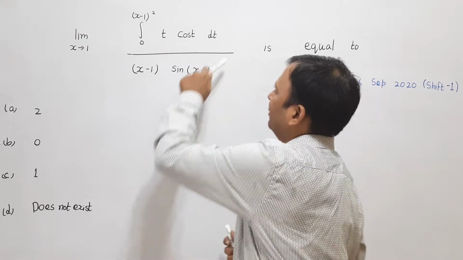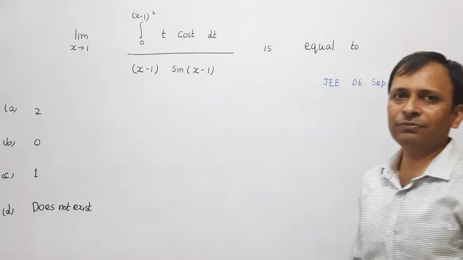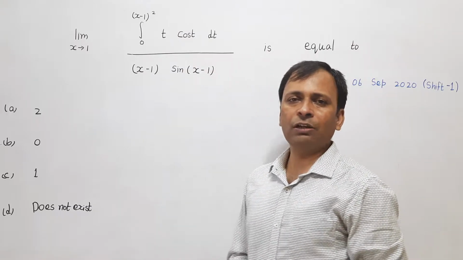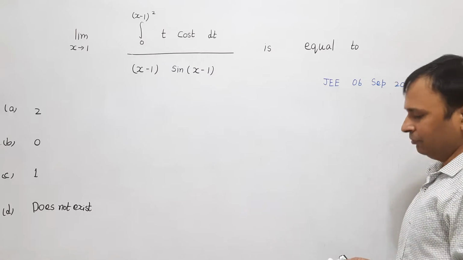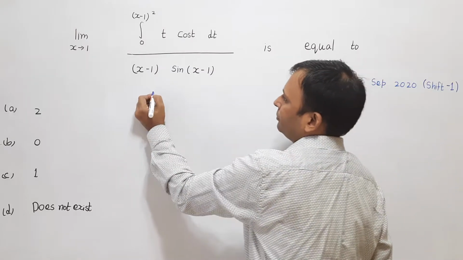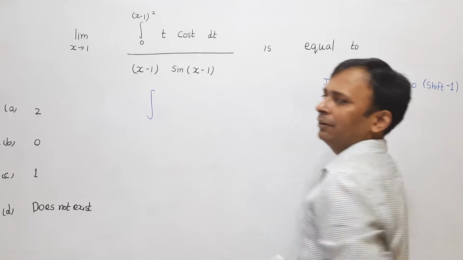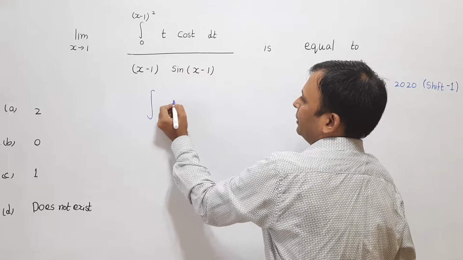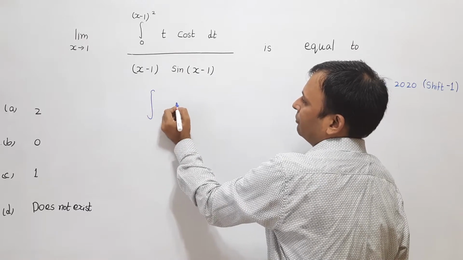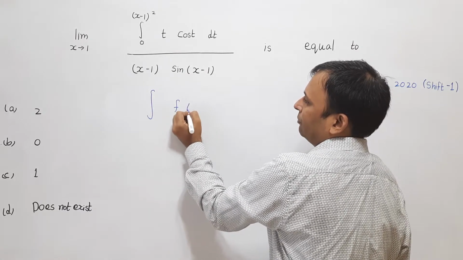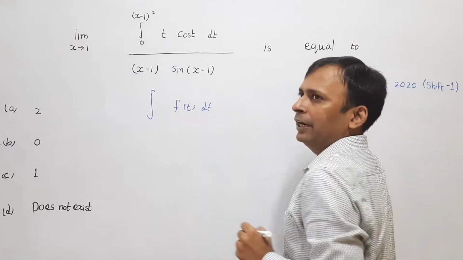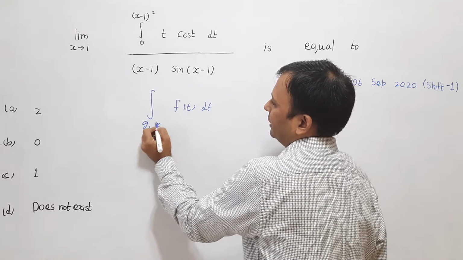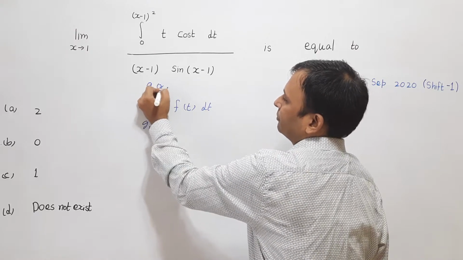But to do that, I have to differentiate this numerator, which is in the form of an integral. So I can use the Leibniz rule to solve this kind of problem, which means that I have to find the derivative of the definite integral of f of t dt, where the limits are in terms of x, let us say from g1(x) to g2(x).